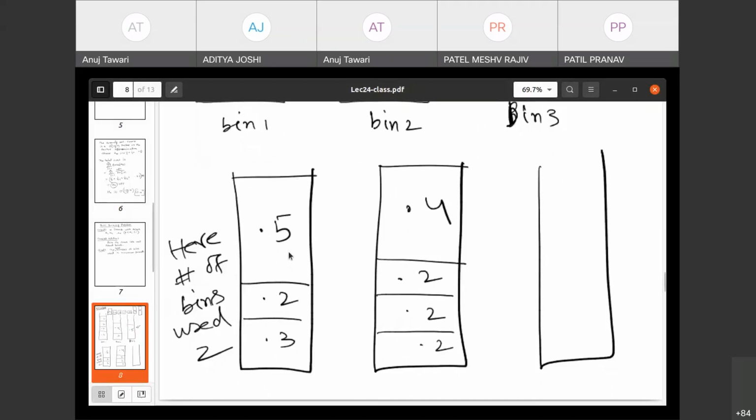So first we put 0.5 so that the smallest empty space is remaining. Okay. And then what we'll do, you'll put 0.4. But again, it's problematic, right?